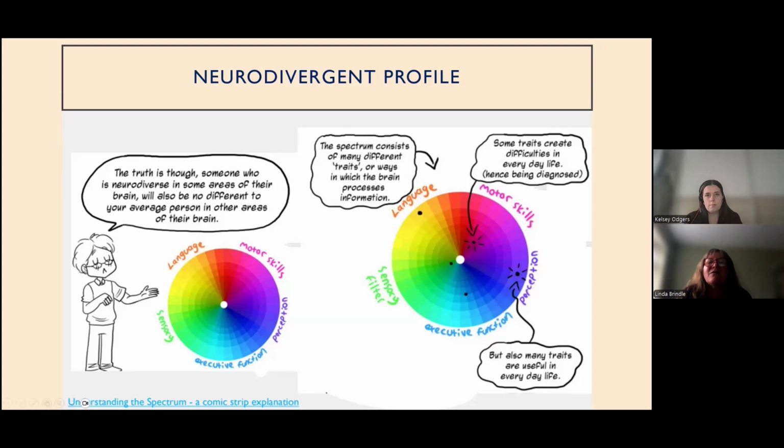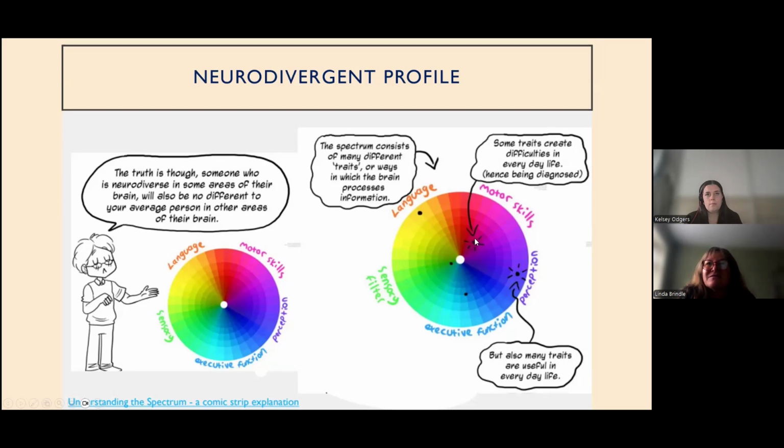And I think this slide is a helpful thing for parents and carers, but it can also be really helpful to share with other people who are supporting your child. If you look at the image on the right-hand side of that colourful circle, there are some black dots on that circle, representing this spiky profile. You might have a young person who has really strong language skills and also very good perception, but might have more struggles and some limitations when it comes to their motor skills.